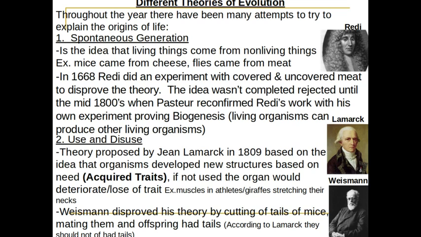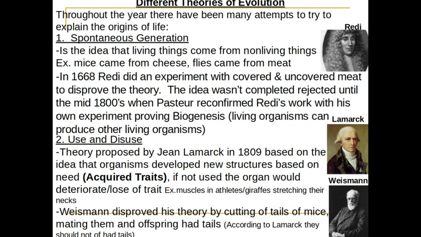But number two here, we have the use and disuse theory proposed by Jean-Baptiste Lamarck. In 1809, he presented the idea that the characteristics you develop during your lifetime, or acquired traits, could be passed on to your offspring.